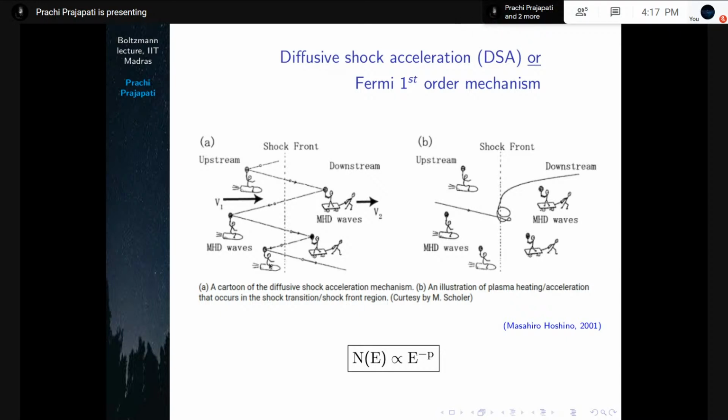Now there are particles in the upstream and downstream. Downstream is the region where the shock front has already passed, whereas upstream is the region where the shock front has not yet come, the region unaffected by the moving shock front.